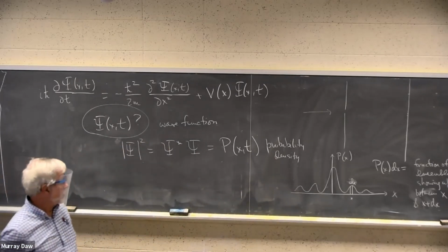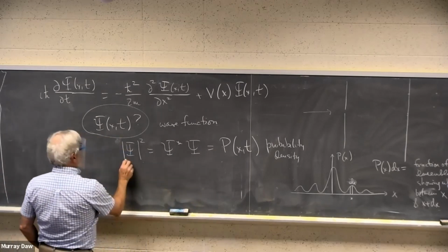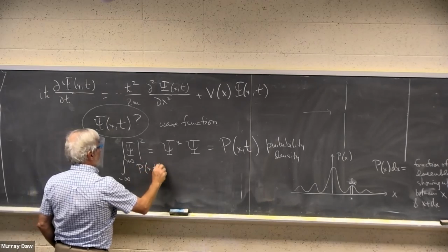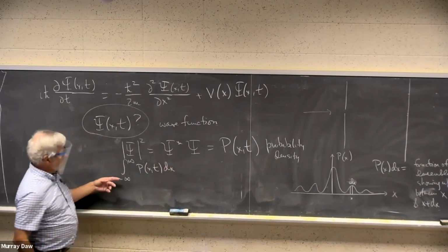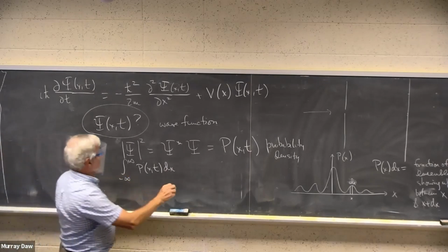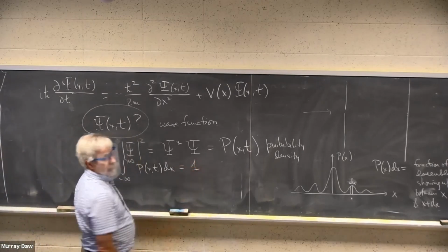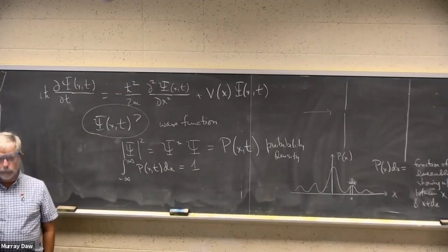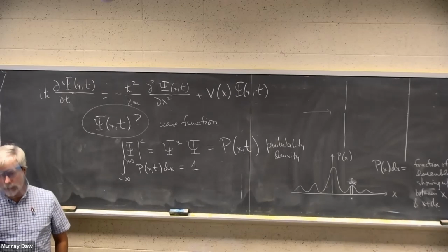Which means, because it's a fraction, if I integrate over all possible values of x, from minus infinity to plus infinity, then this will add up to 1. Total fraction is 1, right? That's what that says. So a probability is that.